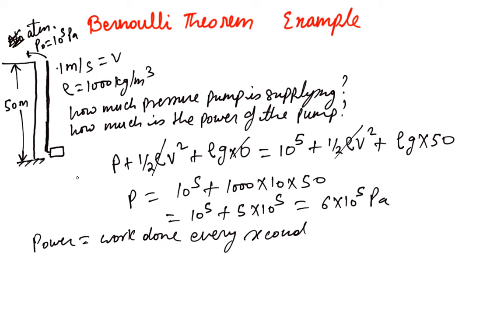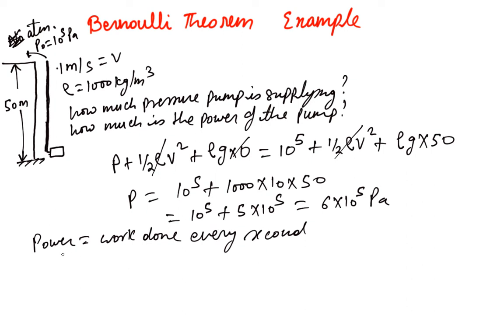What is this pump really doing anyway? It's taking some amount of water here and pumping it to the top. So all the work it's doing is going into changing the potential energy of the water by lifting it from here to the top.